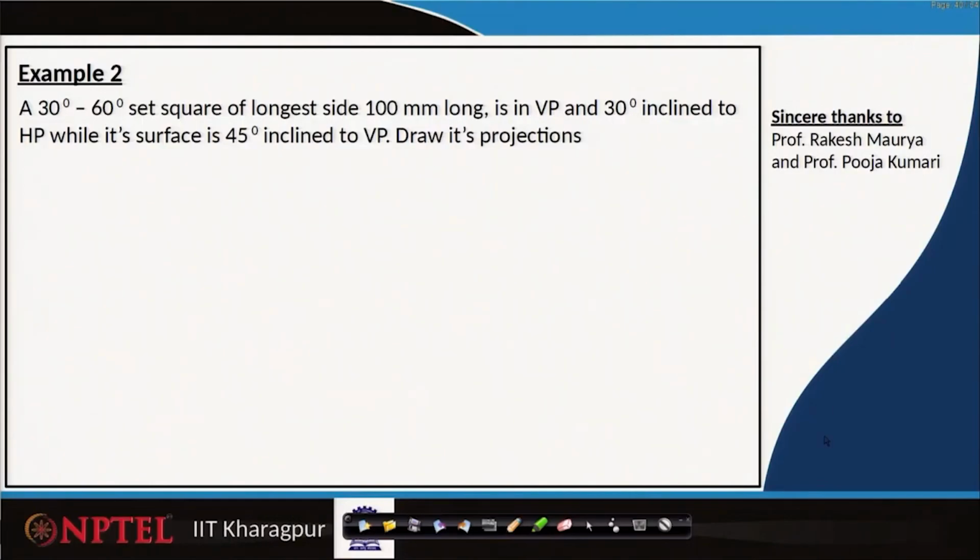And the second thing is, it is 30 degrees inclined to the horizontal plane. The horizontal plane is in this perpendicular direction. So, what we have to do is align it either in this direction 30 degrees or in this way 30 degrees. The longest side is on the vertical plane, making a 30 degrees angle with the horizontal plane.